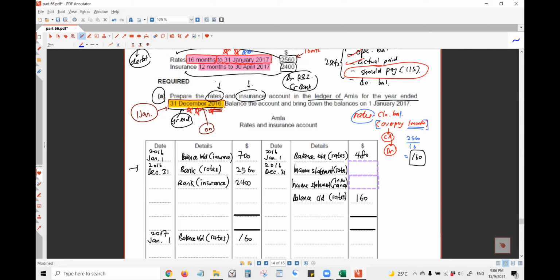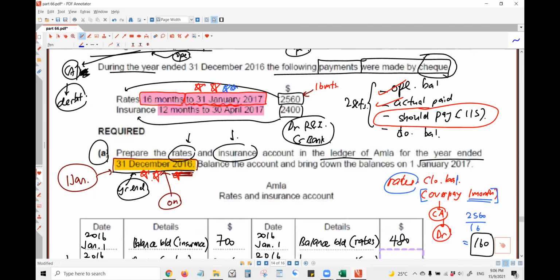Now let's see. Insurance, you can see the one next to the 2400. 12 months means what? 12 months means this 2,400 is for 12 months worth of insurance. Now continue to read: to a certain date, to April 30th, 2017.